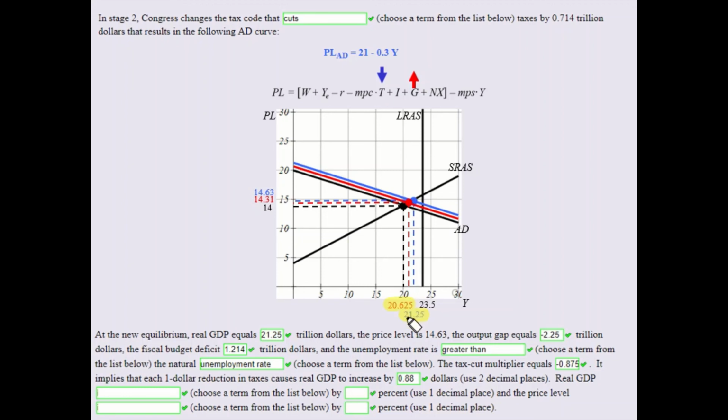So from phase 1 to phase 2, GDP increased from 20.625 at the red equilibrium to 21.25 at the blue equilibrium. And the growth rate ends up being 3%. What it is minus what it was, divided by what it was, times 100. So the economic growth rate here is 3%.